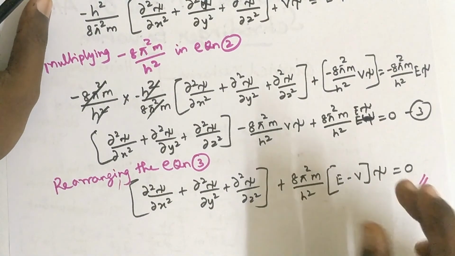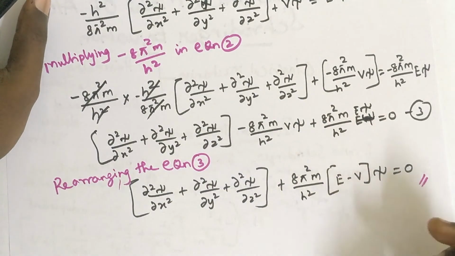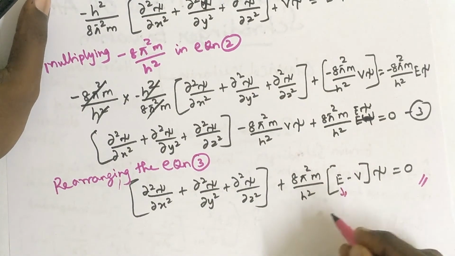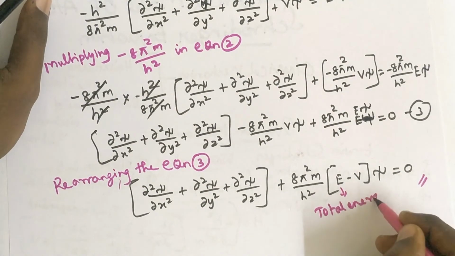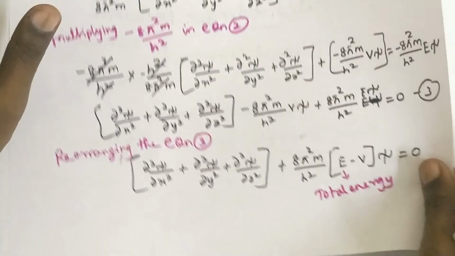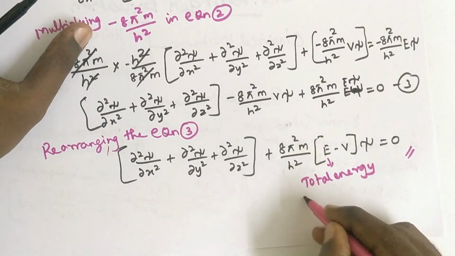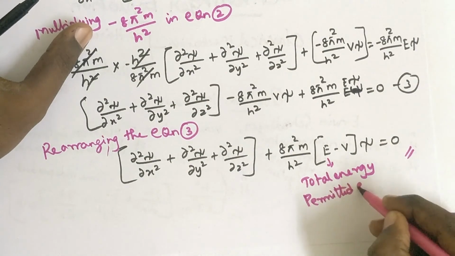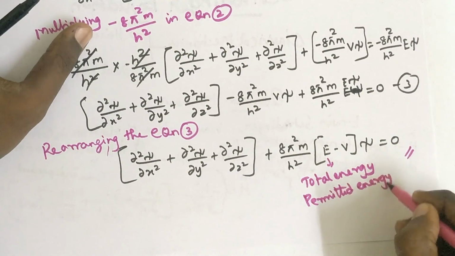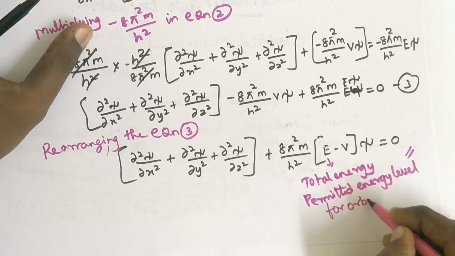Always remember, this equation is valid only for certain values of E. E, as we already know, is the total energy, that is kinetic energy and potential energy, and these are also the permitted energy levels for orbits.